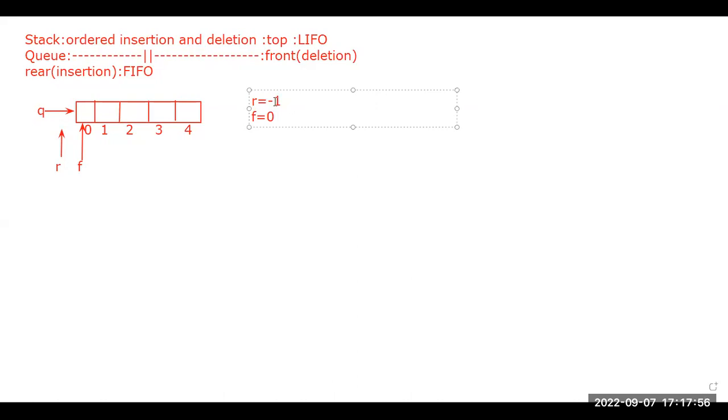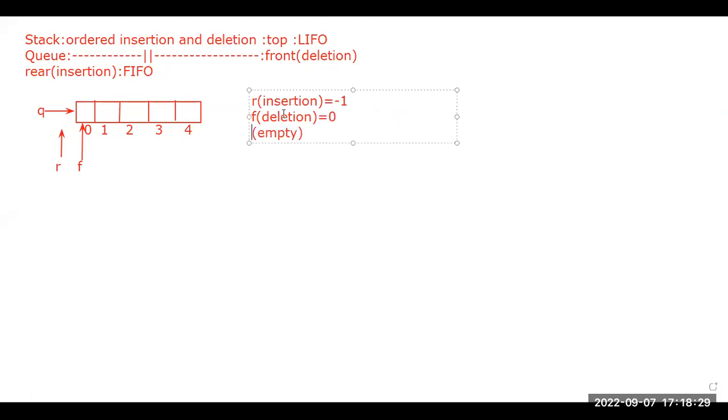If R is pointing to -1 and F is pointing to 0, what does it mean? It simply means that initially it is empty. How can you say that it is empty? F is greater than R. F I'll always use for deletion, and R I will always use for insertion.